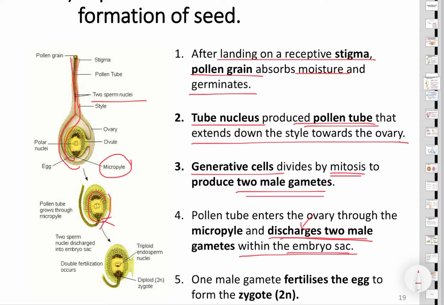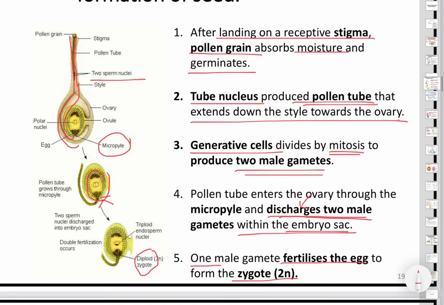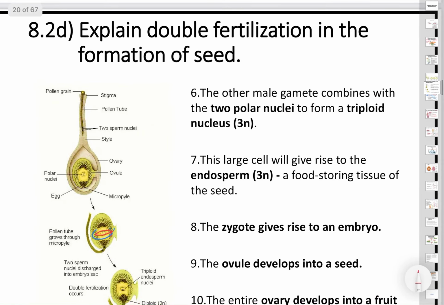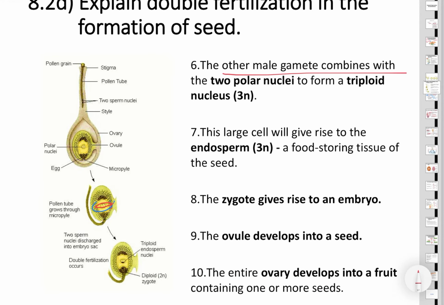embryo sac, di mana one male gamete akan fertilize with the egg to form the zygote. So sinilah one male gamete will fertilize with the egg to form the zygote, while the other male gamete dia akan fuse with the two polar nuclei located at the center of the embryo sac to form the triploid nucleus.